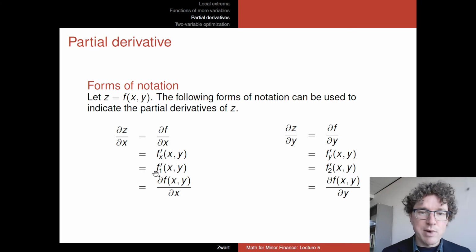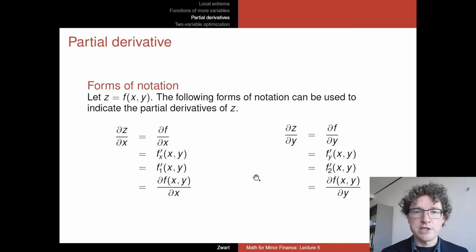And sometimes, instead of the index, we write the index number. So it's the partial derivative with respect to the first argument, the x argument, versus in this case the partial derivative with respect to the second argument, which is the y direction. So that will be the df dy partial derivative.